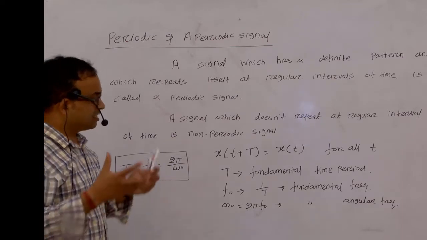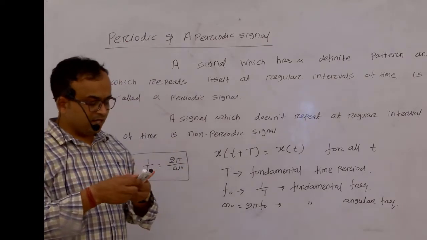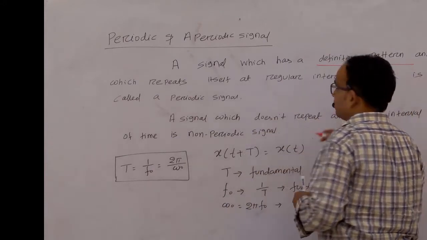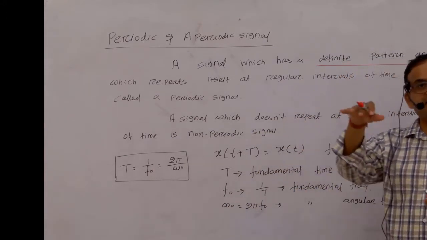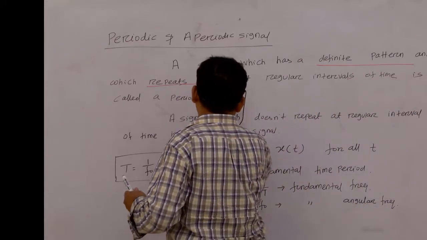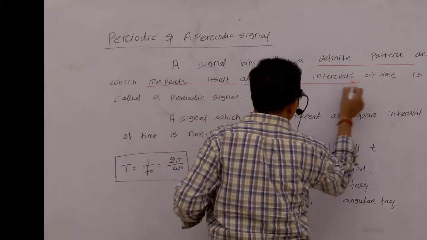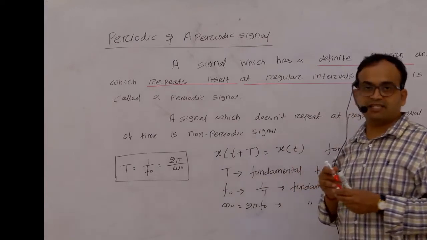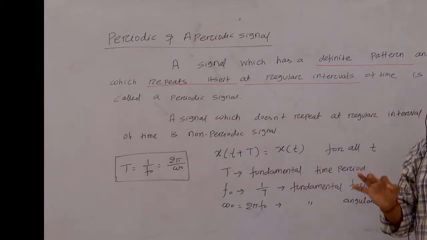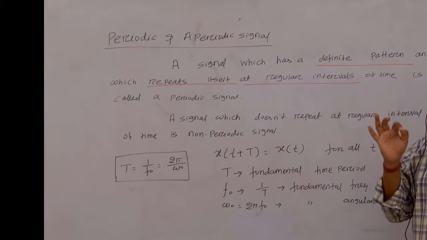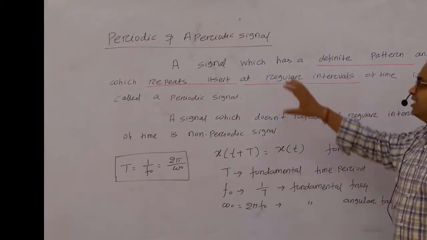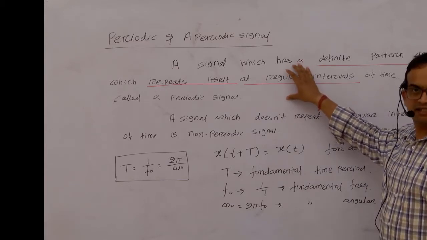So it must have a definite pattern, and it repeats itself at regular intervals of time. Again I am telling, a signal having a definite pattern and which repeats after some interval of time is a periodic signal, right?